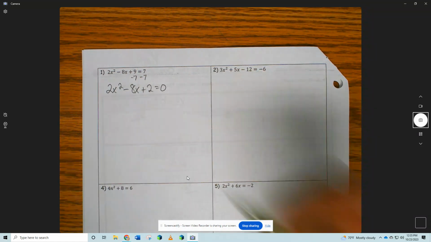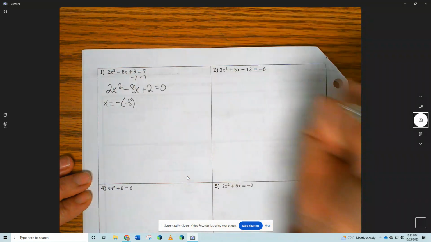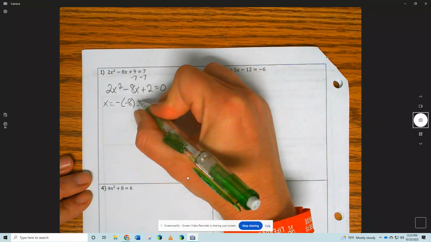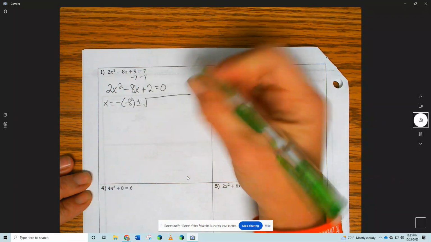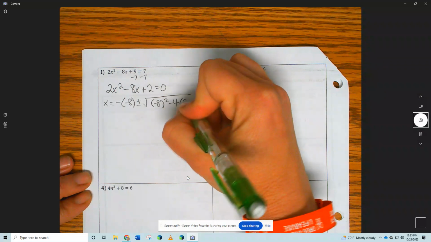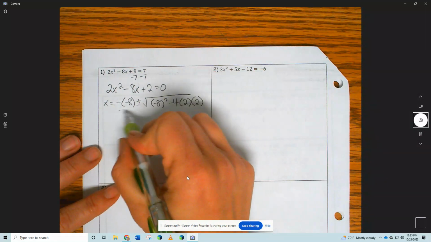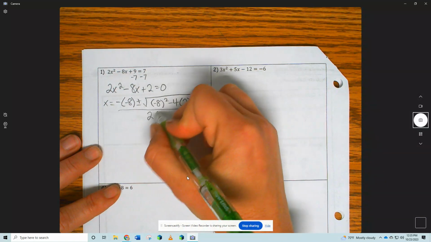Okay. X equals, let's get started, negative 8, negative b, plus or minus the square root of negative 8 squared minus 4 times 2 times 2, all over 2 times a.